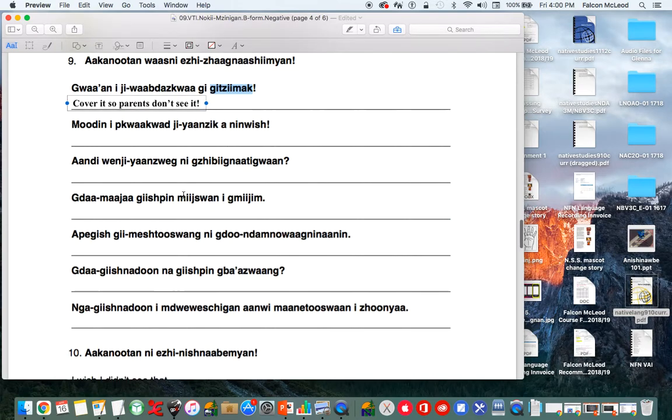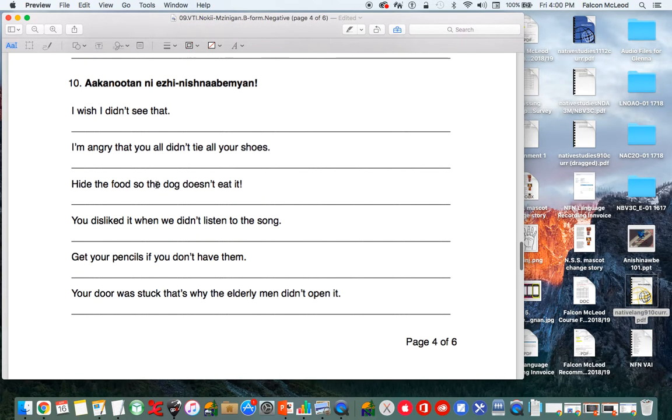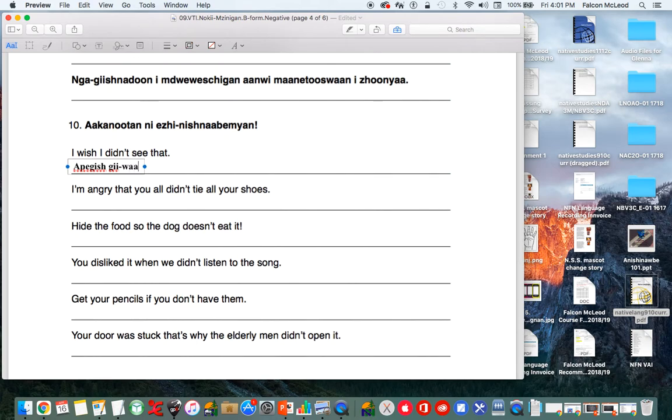All right. So I'll leave the rest of these translations for you to do. Number 10, Akanota ne Nishnaabemwin. So translate these to Ojibwe. I wish I didn't see that. So our grammar pattern for I wish, that's a bigish. And then I didn't see that. So didn't, that's past tense. So we gi. And then our verb for see, well, we just looked that up. That's wabdan.